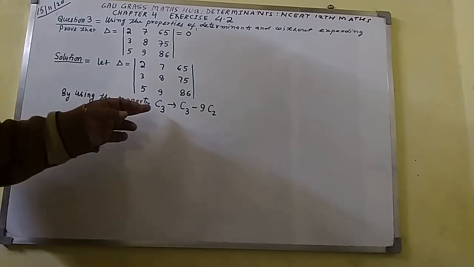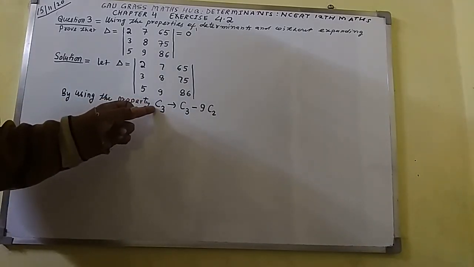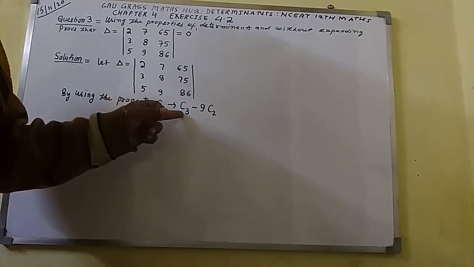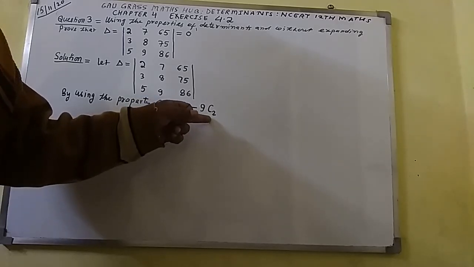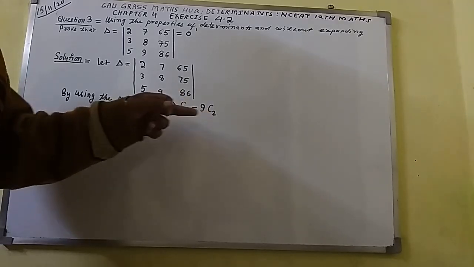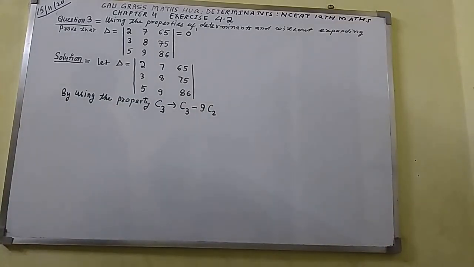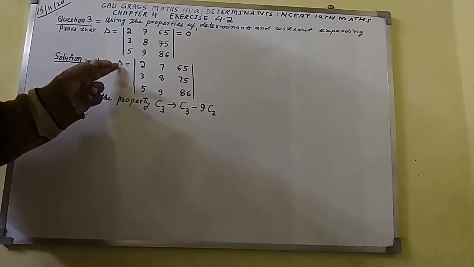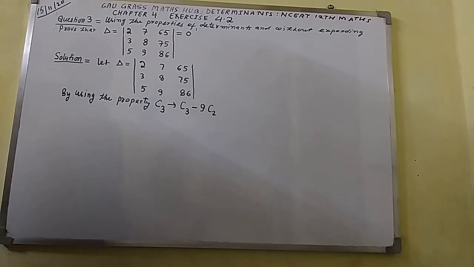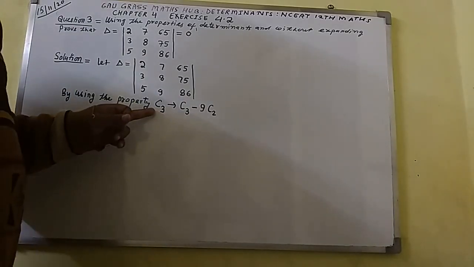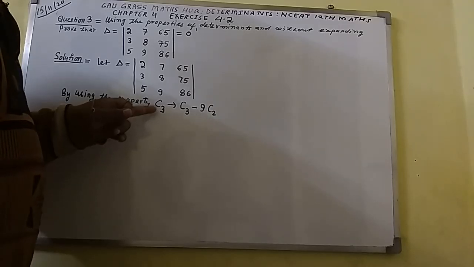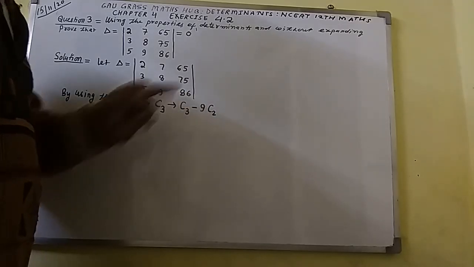This is the property which I am going to apply in this determinant. What will the result be? Here C3 goes to C3 minus 9 C2.